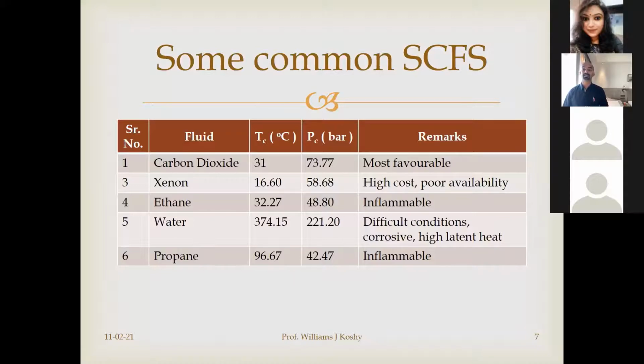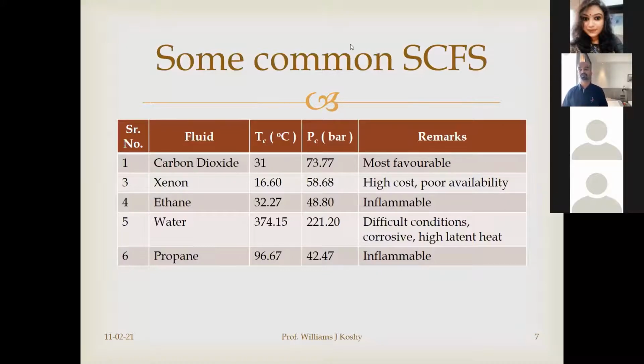So to increase the temperature to 375, an extremely high amount of energy is required. Obviously 221 pressure जो है वो ले जाने के लिए भी a very large amount of energy is required through pumps, and the heat required to increase the temperature to 375 is also very high. This is the reason why water is not used much. Otherwise, carbon dioxide से भी easily available is water, and maybe water can yield much better results and it would be convenient in many other ways.